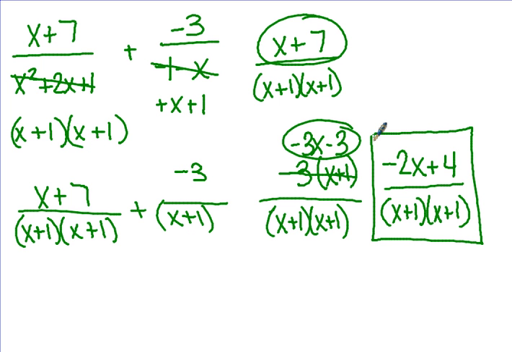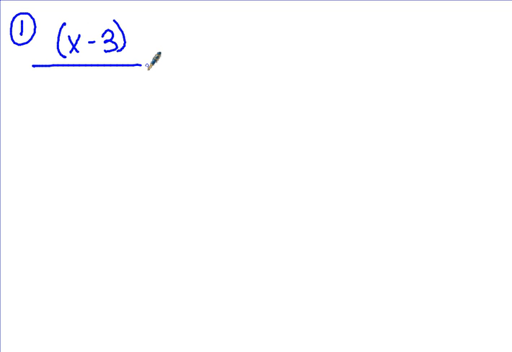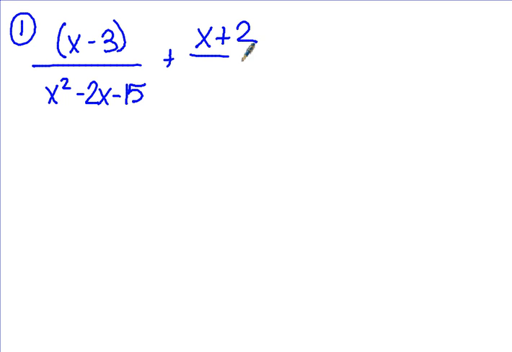These next two examples I want you to do on your own using the same steps. The first example: x minus 3 over x squared minus 2x minus 15 plus x plus 2 over x minus 5.